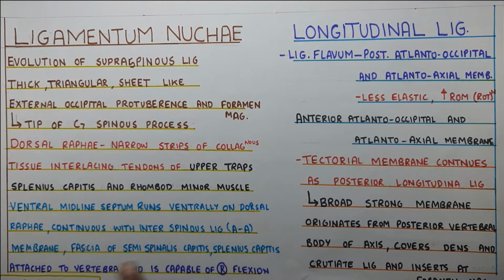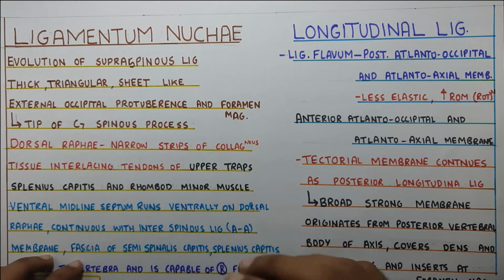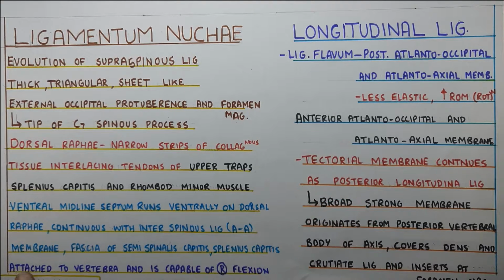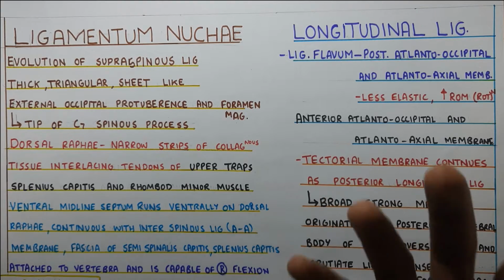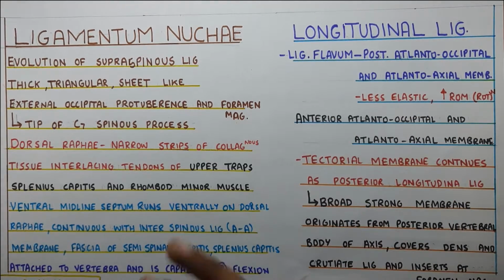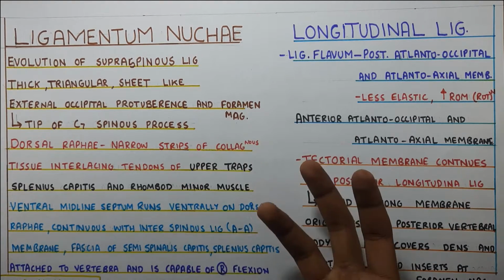That is the atlanto-occipital membrane and the fascia of the semispinalis capitis and splenius capitis. These are the deep muscles, so it is quite deep and very close to the vertebra. It is attached to the vertebra and is capable of resisting flexion. Okay, because it is on the posterior side, obviously it will be the one which will be preventing flexion. So it is very similar to your interspinous ligament, you can say.